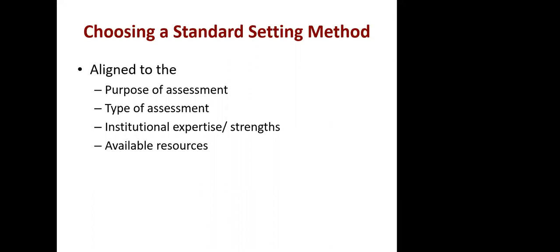The first one is the purpose of assessment: whether it is a high-stake exam, a low-stake exam, or a final exam. Suppose in our curriculum at Aga Khan University, students study medicine in year 3 MBBS, and they again study medicine in year 5. For year 3, you know that they have more chance and more time to study further in year 5. So you will be less harsh and less stringent when you set the standards.